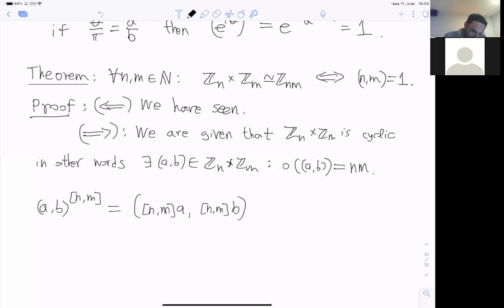But this is some n times q1, because it's divisible by n. And similarly, we can call it m times q2. Remember that this belongs to Zn and this belongs to Zm. So what is this element?